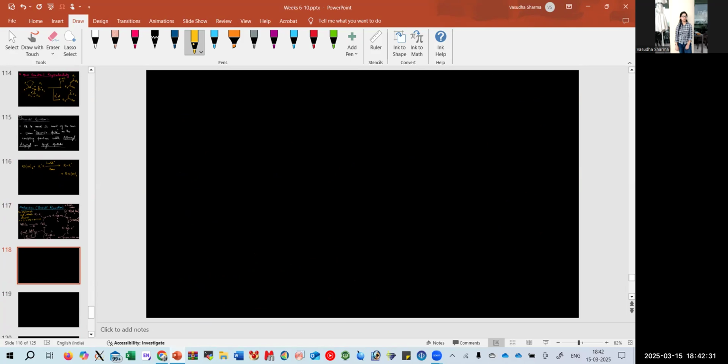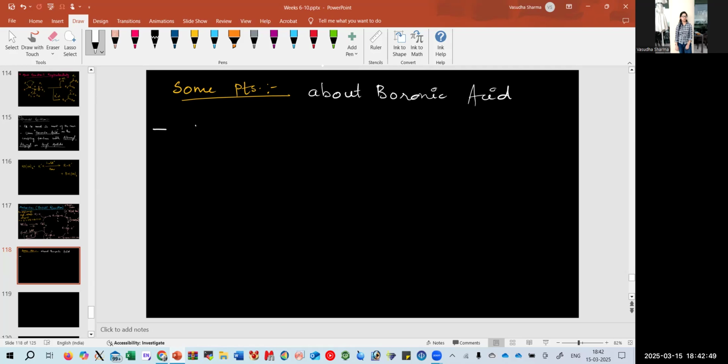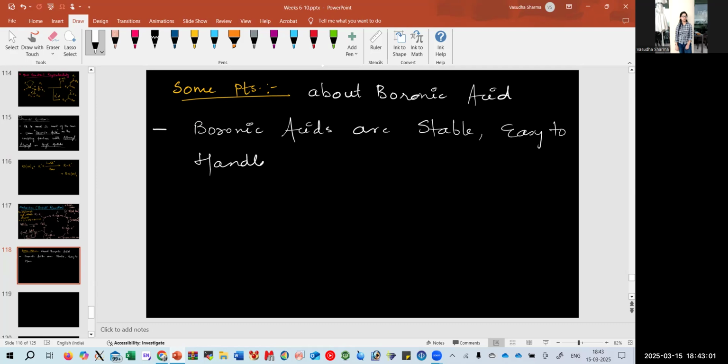So here are some points for this reaction. First is about the boronic acid. These acids are stable, easy to handle, water and thermostable.